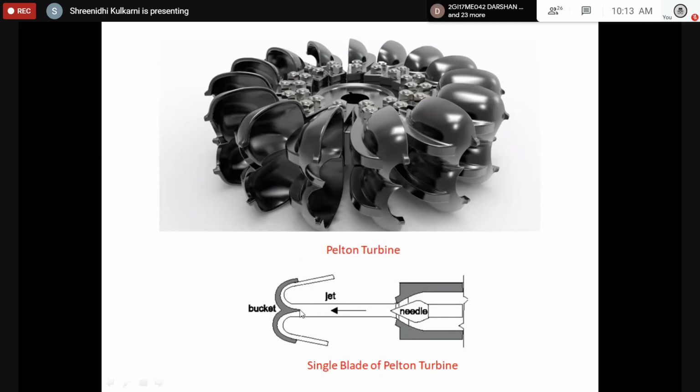See here, the water strikes at the center, and the water will get out into two halves, either in this direction or in this direction.